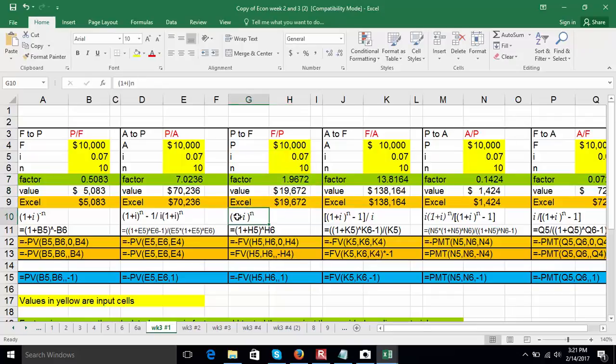And that's what's right here. So there's the factor, and then to get the value, we simply multiply P times the factor.